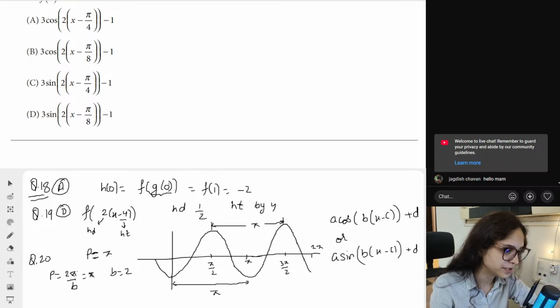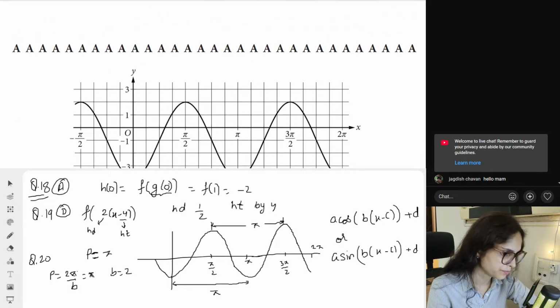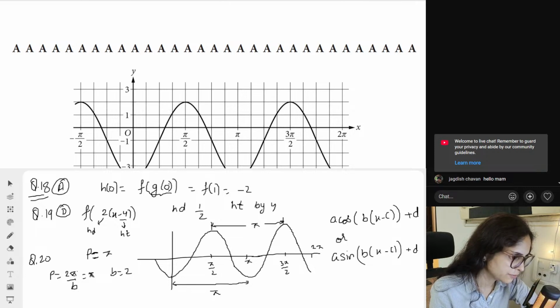And you can also identify the value of d is going to be -1 because the least value is -4 and the highest value is 2. So A is -4 minus 2 over 2, -6 over 2, that is -3, absolute value of this.